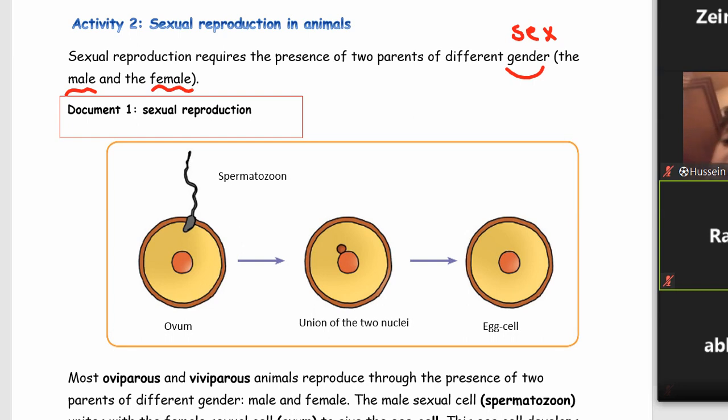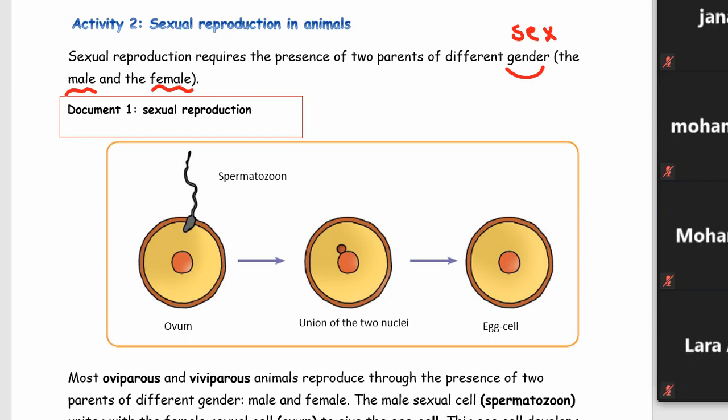So sexual reproduction, in order to produce more and more offspring, requires the presence of both sex cells, the male sex cell and the female sex cell. Look at document 1 here about sexual reproduction.